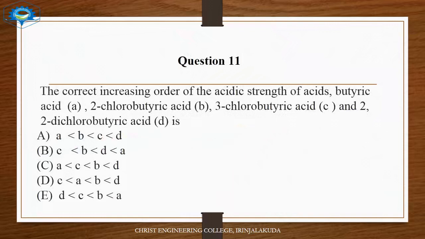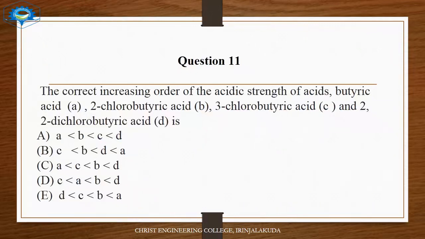The correct increasing order of the acidic strength of acids: A, butyric acid; B, 2-chlorobutyric acid; C, 3-chlorobutyric acid; and D, 2,2-dichlorobutyric acid. What will be the increasing order?